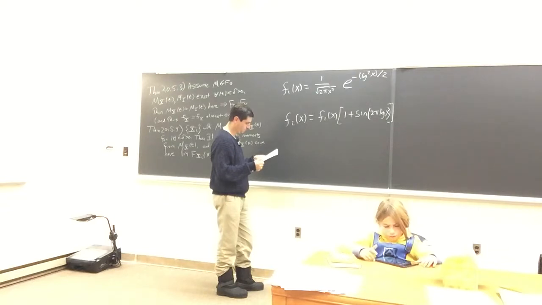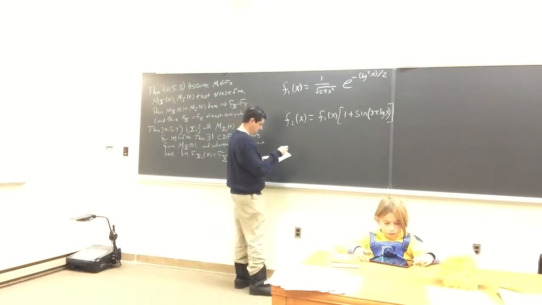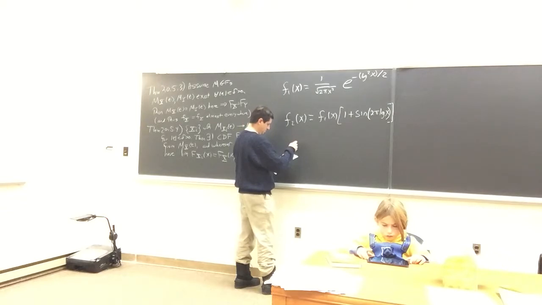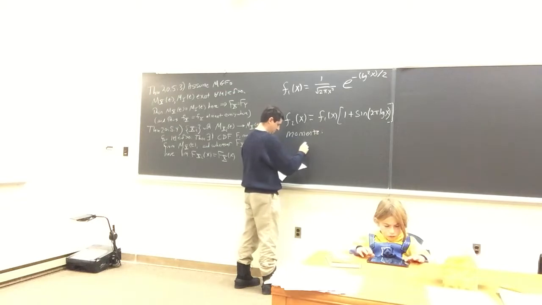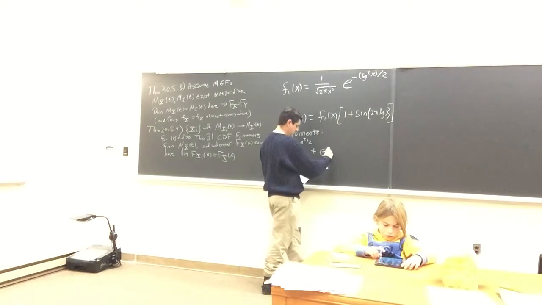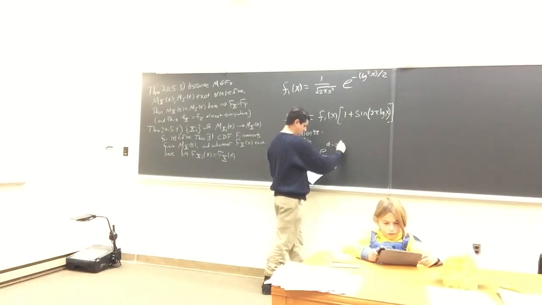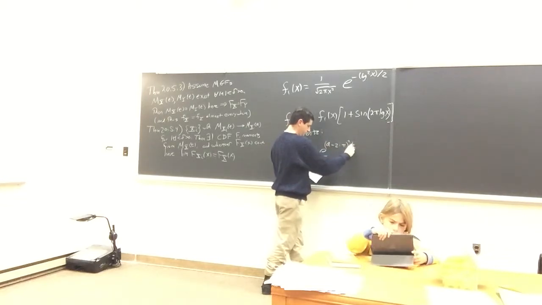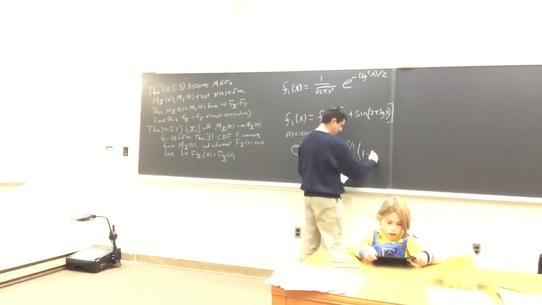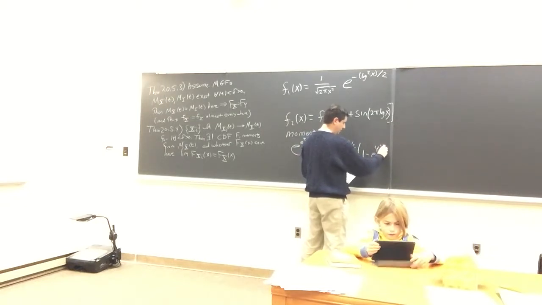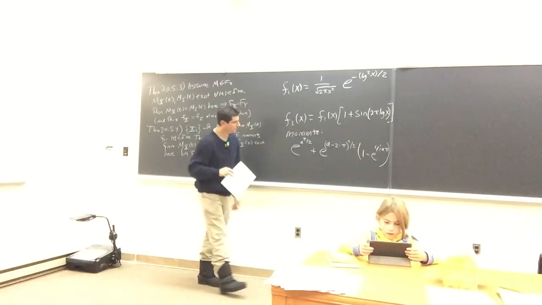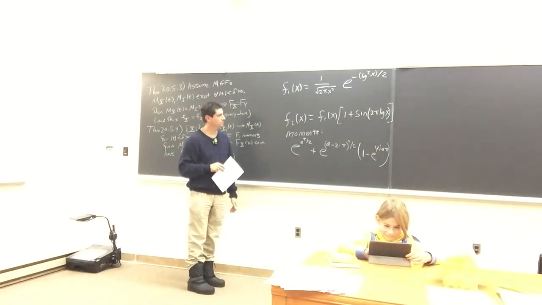And so the moments are the following. e to the a squared over 2 plus e to the a minus 2i pi squared over 2, 1 minus e to the 4i a pi. Okay, so using complex analysis, I calculate these moments.